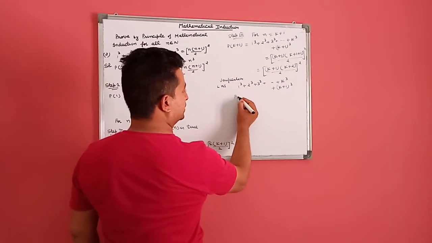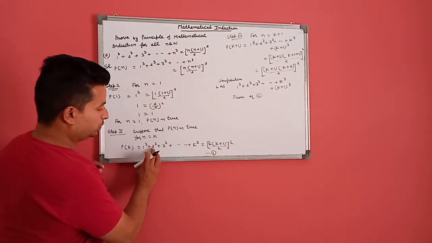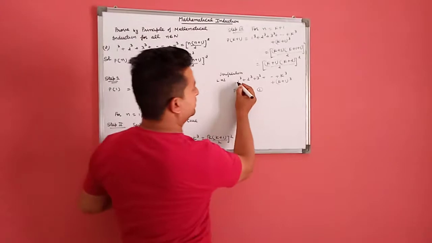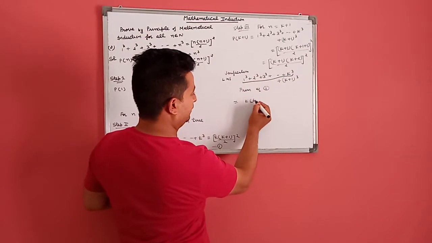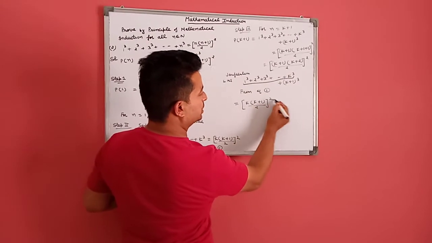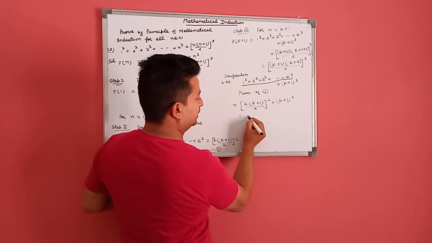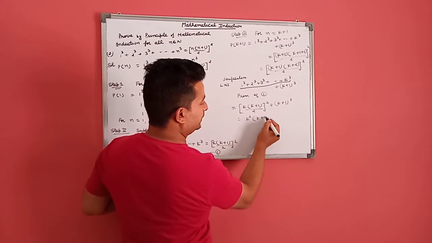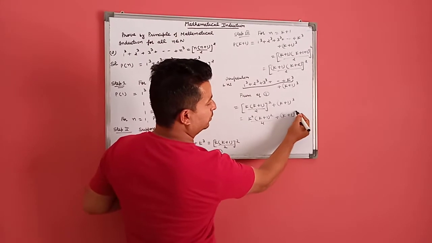From equation 1, the value of 1 cube, 2 cube, 3 cube, up to k cube is k plus 1 upon 2 whole square. Plus k plus 1 whole cube. This is k square, k plus 1 whole square upon 4, plus k plus 1 whole cube.